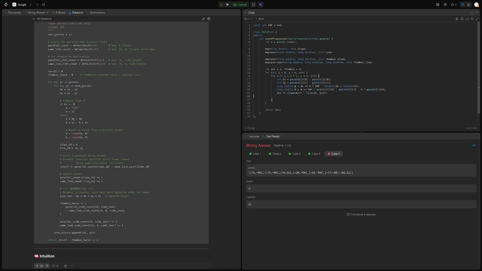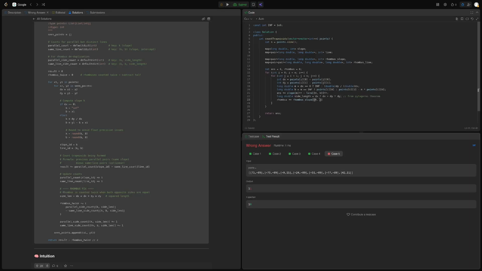Is this, and then rhombus plus equals rhombus slope of long double side length from Pythagoras theorem.